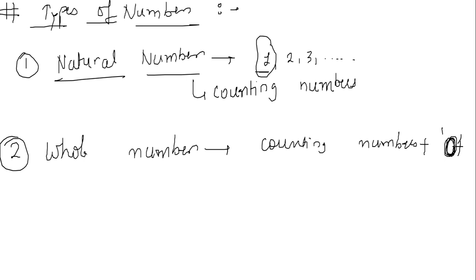So 0 is the only whole number which is not a natural number. Keep in mind that 0 is a whole number but not a natural number. Natural numbers are the counting numbers starting from 1, and whole numbers are the counting numbers which begin from 0. Hence we can say that every natural number is a whole number, but not every whole number is a natural number.